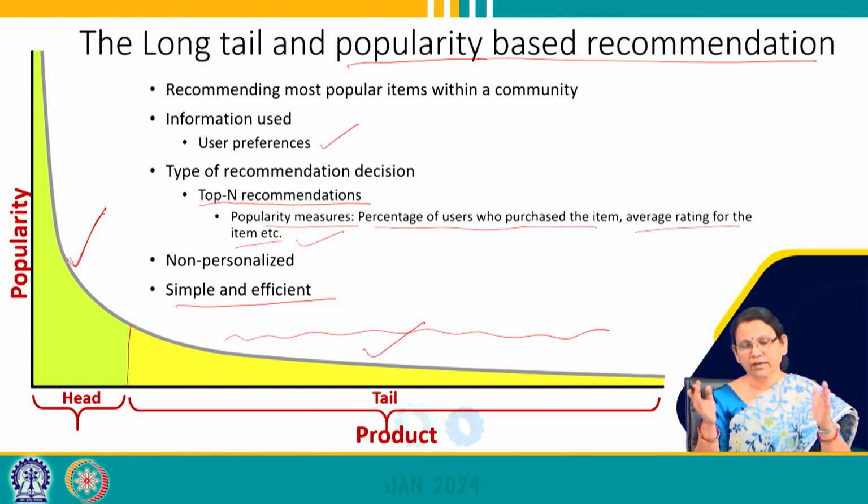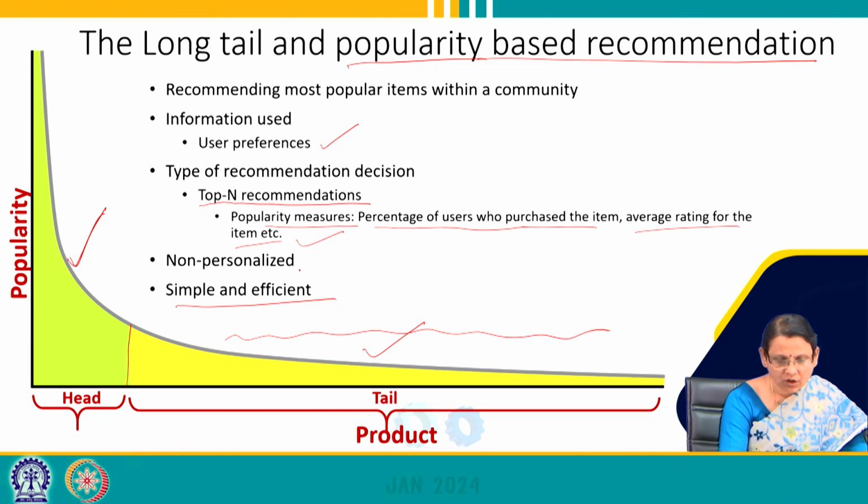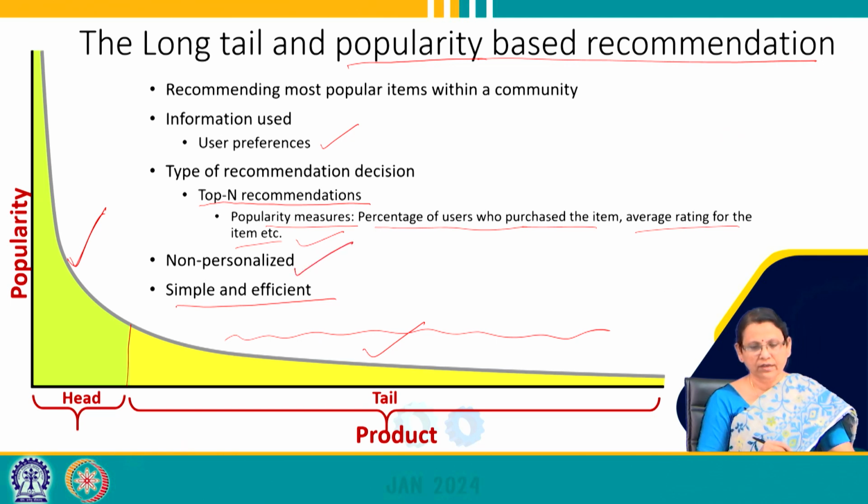So, depending on, let us say, your mobile size is very small, you will be getting probably top 2 recommendations. Your laptop size is large, you will be getting a large number of recommendations, but whatever may be the case, if it is a popularity based recommendation, whatever you are getting, the same thing I am also going to get. So, it is a non personalized recommendation. Okay. So, this is a simple one.